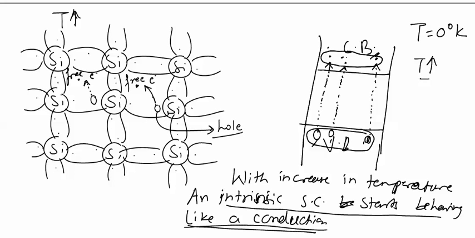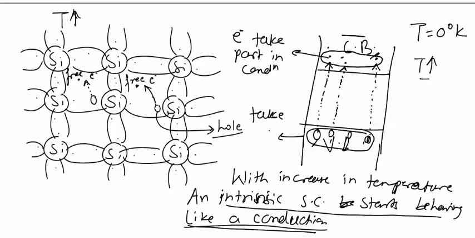Also, from the energy band diagram, in the conduction band we are seeing 4 electrons and 4 holes in the valence band. These are electrons that take part in conduction, and these are holes that take part in conduction.